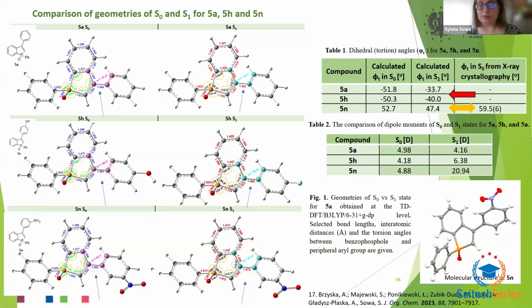The geometry comparison was also supported by the comparison of dipole moments of ground state and excited state. For 5A and 5H, both states have similar values of the dipole moments, while for 5N, possessing the nitro substituent, we observe a significant increase in the excited state, which means that the excited state for 5N is highly polarizable.